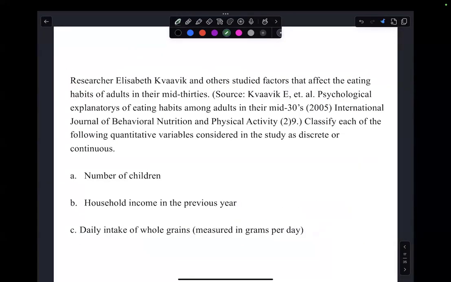So let's do the example here with Elizabeth Kavavic again. Number of children: children are countable. You don't have 1.48 kids. So this would be discrete. Once again, household income: I told you money, we usually go continuous, because I can't earn $1,000 without first earning $999, or $999.99.